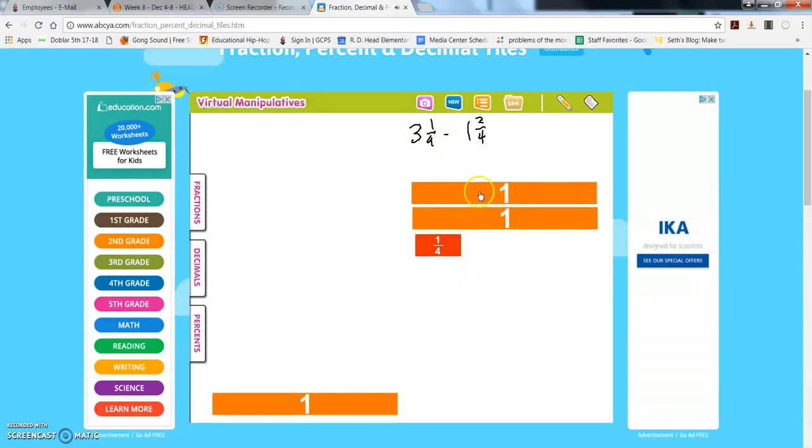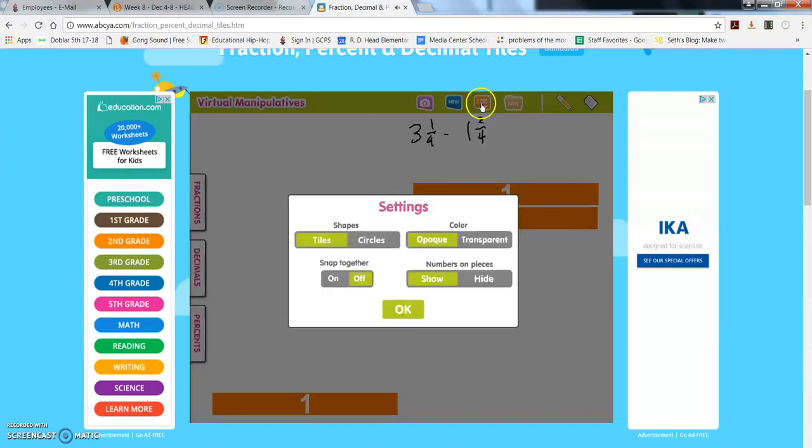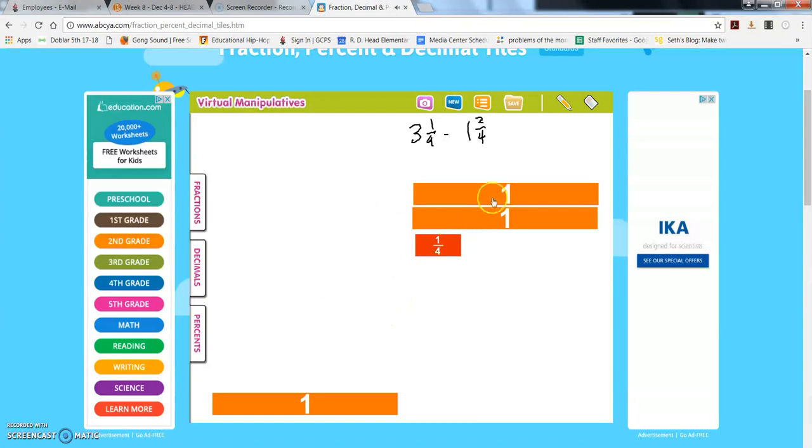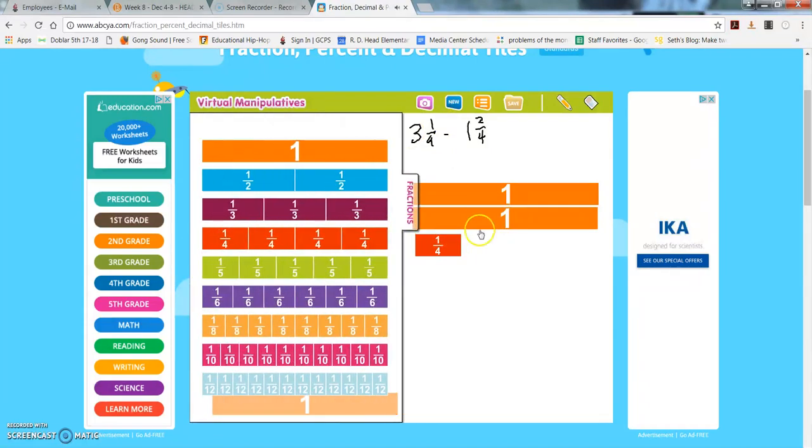So to take away 2/4, since I don't have them, I'm going to replace one of my wholes with fourths, so I can take it away. So I'm going to take this whole, delete it, and put 4/4 there.